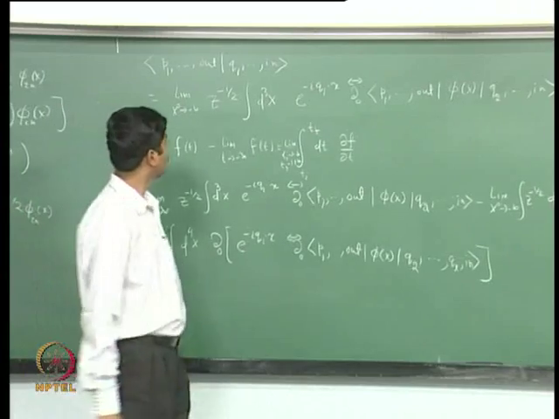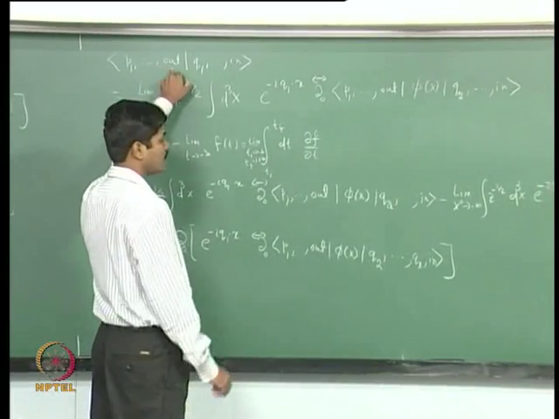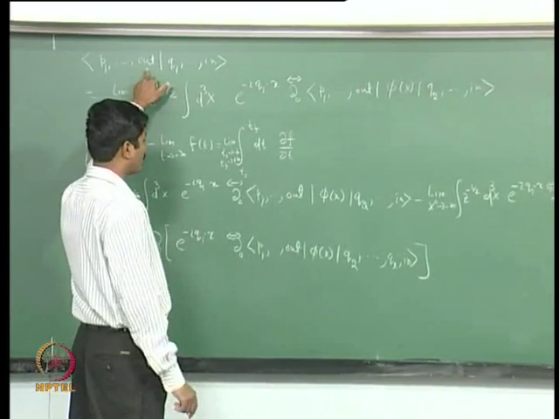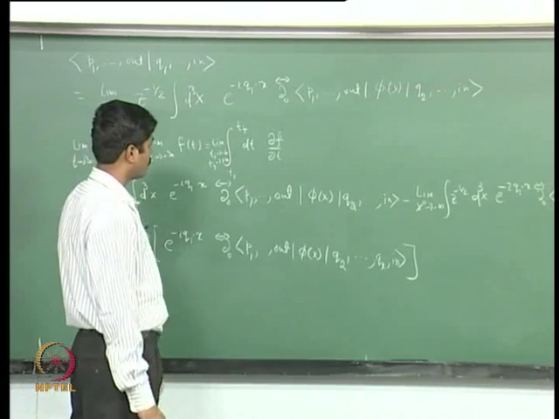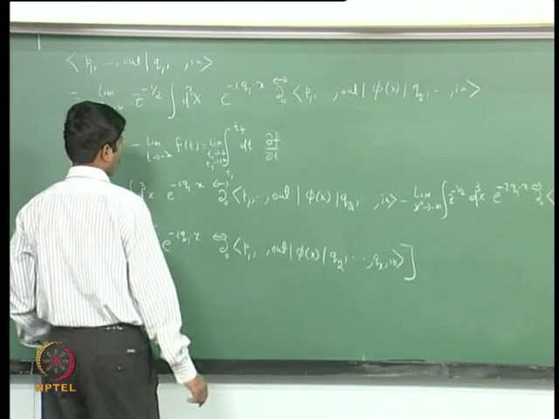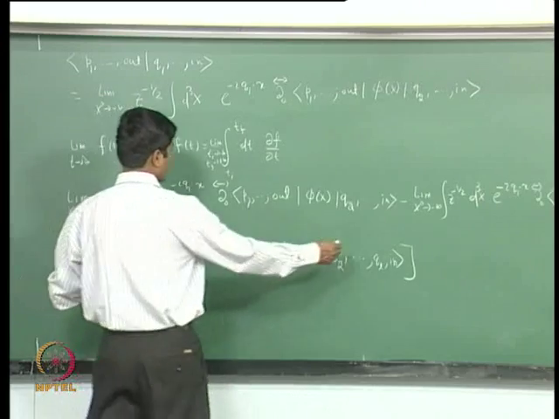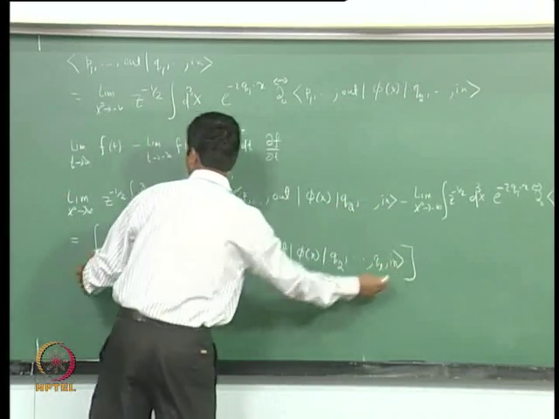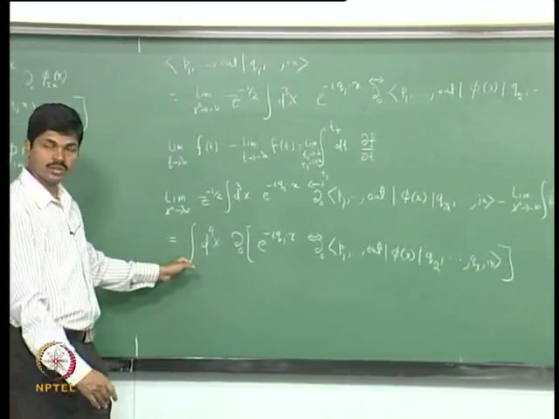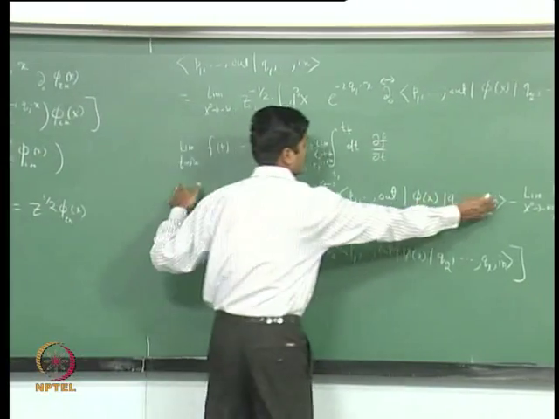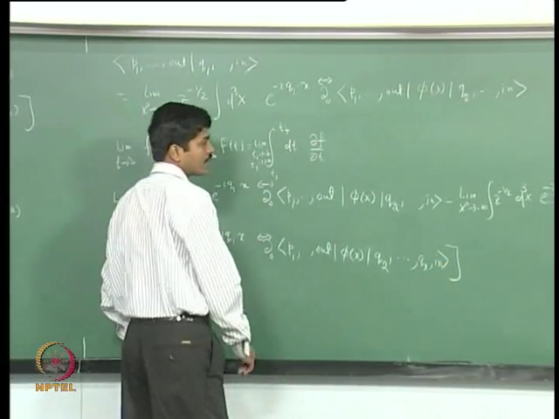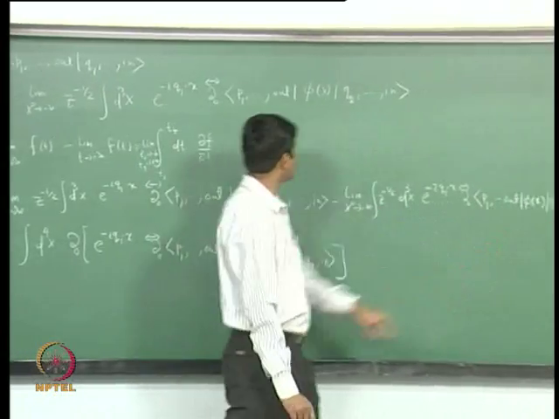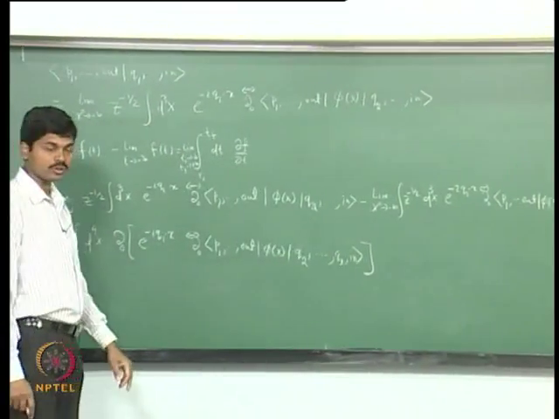So therefore, this quantity, the transition amplitude here, will now be equal to this quantity minus this quantity. Okay. This minus this will give you this, which is nothing but the transition amplitude.